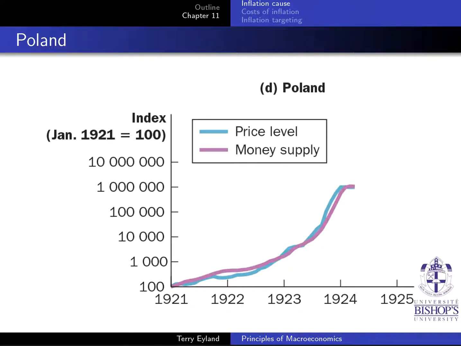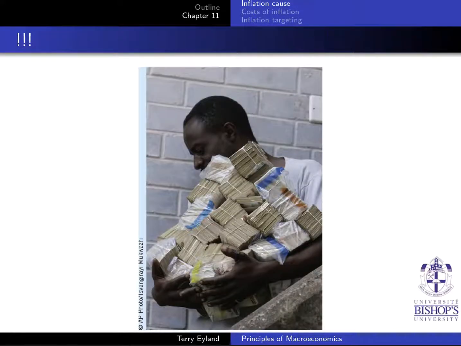Same thing with Poland. And what would happen quickly is that you want to go buy a loaf of bread and this is the amount of money that you have to carry. It's just insane to think about how inflation could really get out of hand if you're printing a lot of money. If you want to see how inflation could get out of hand, there's a bunch of videos on Zimbabwe and the inflation rates there.